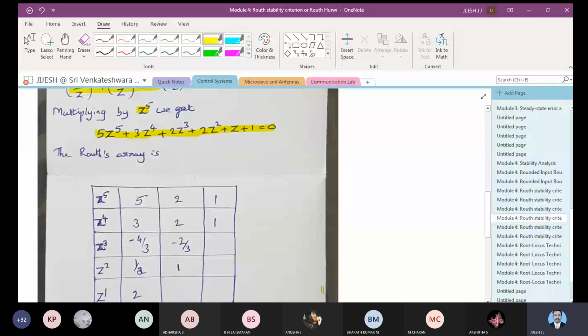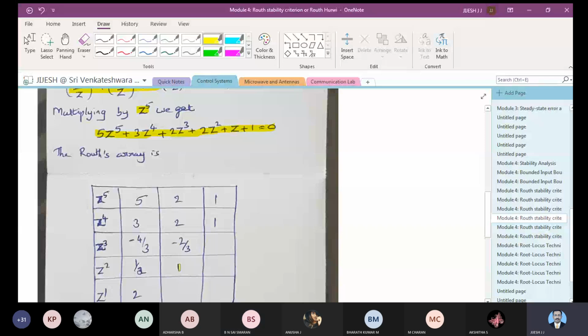What you have to do? 1 by 2 into minus 2 by 3. So 2 will get cancelled, minus 1 by 3. Minus of minus plus 4 by 3. So what you will get? Divided by 2 you will get.